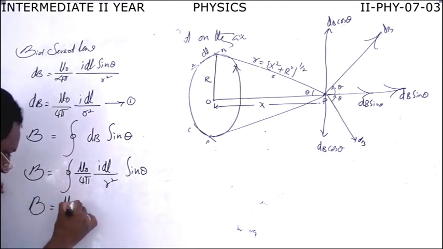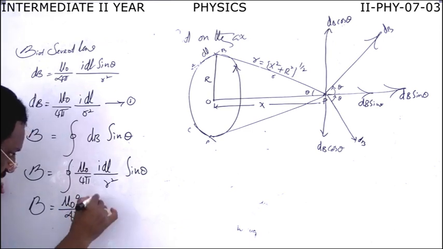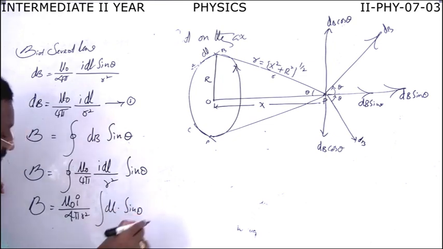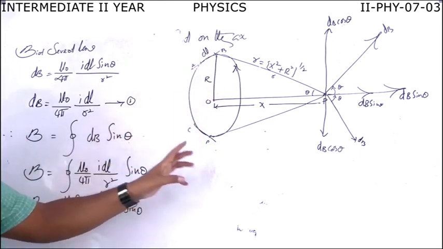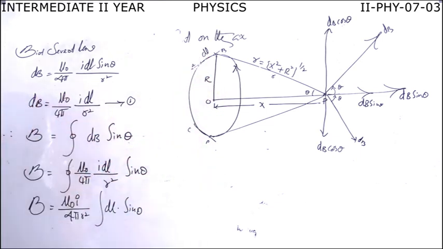Mu naught I by 4 pi r square, integral of dl into sin theta. So dl integration is equal to what? We get 2 pi r, the circumference of the current carrying coil.